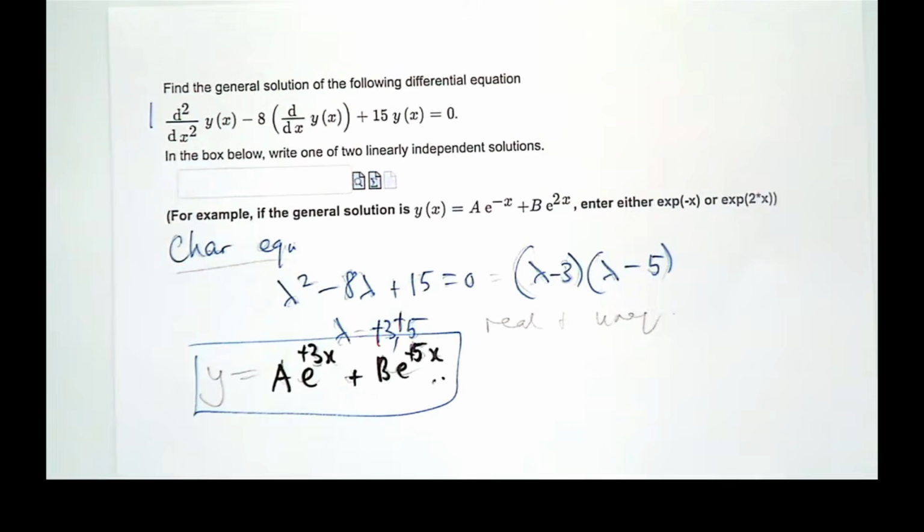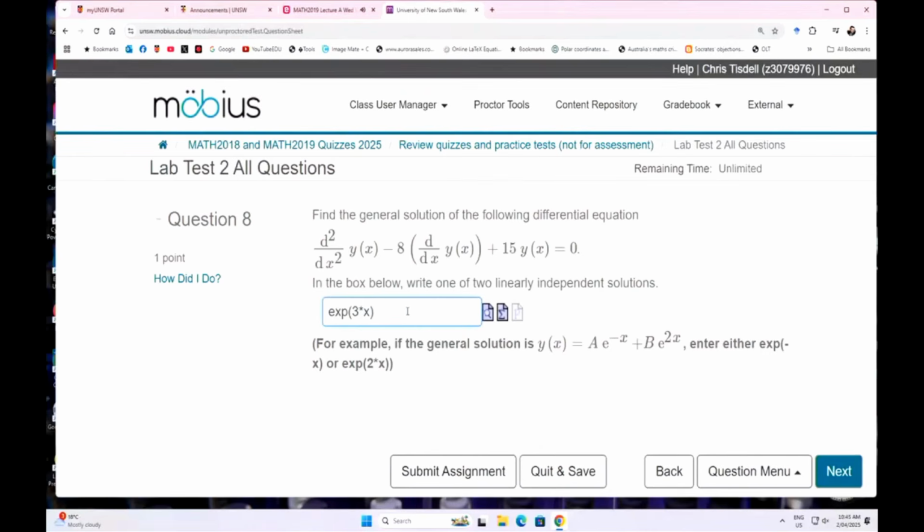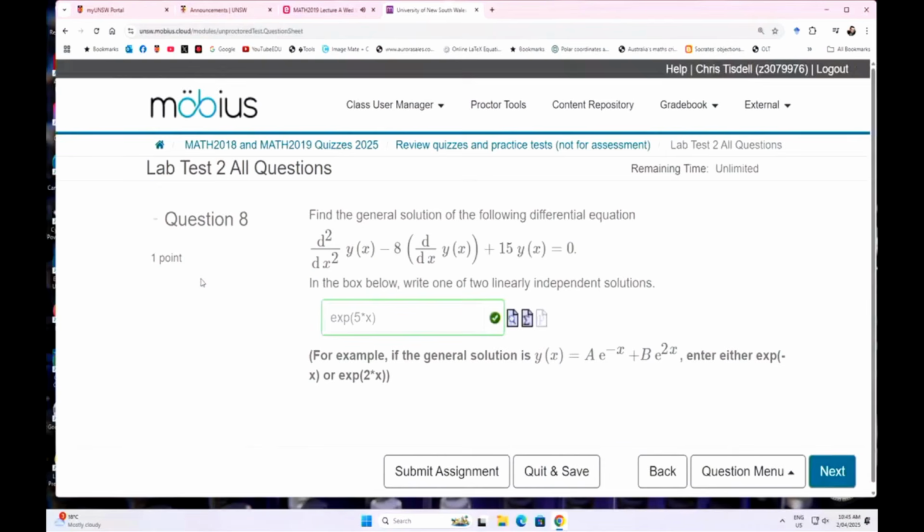So if I go back to my equation, here I've put in e to the 3x. Should we see if it works? Yeah, what happens if I put in e to the 5x? Should we try it? Okay, so you choose. It's up to you.